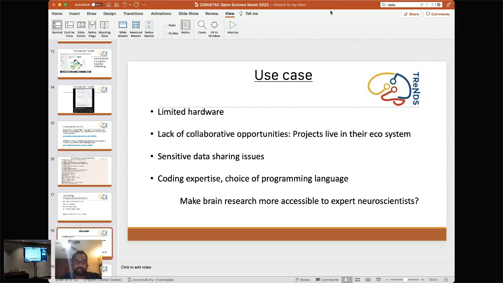So it's really hard to collaborate with other people and assume that the data is sensitive, so there will be sharing issues. Along with that, if we add the problem of maybe not enough people having the technical coding expertise, and they have a specific choice of programming language, but they want to do collaborative big data research with other people in the world and answer important research questions that require a lot of data and which they may not have collected in their study.